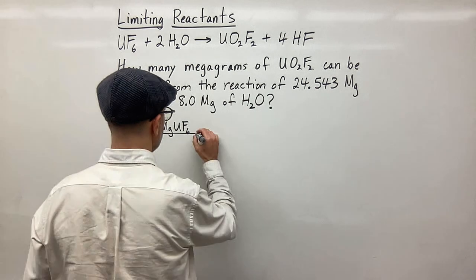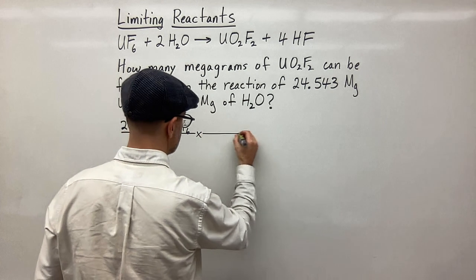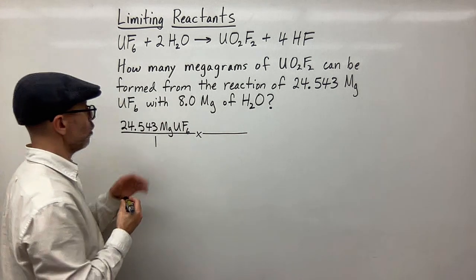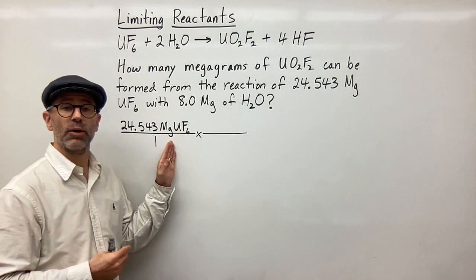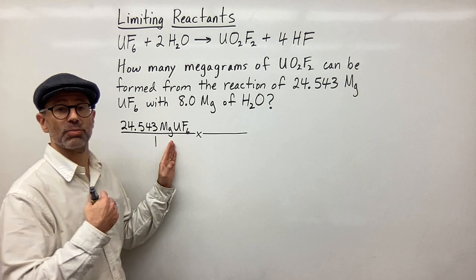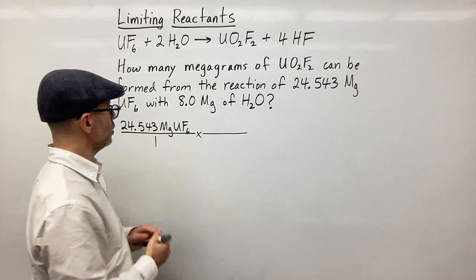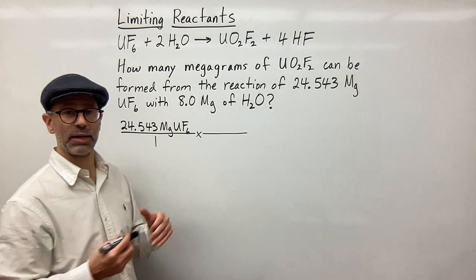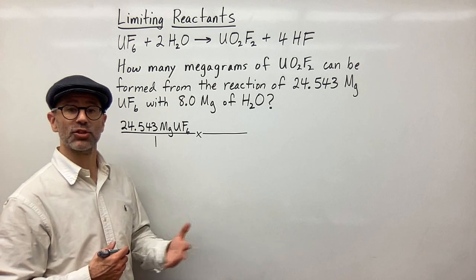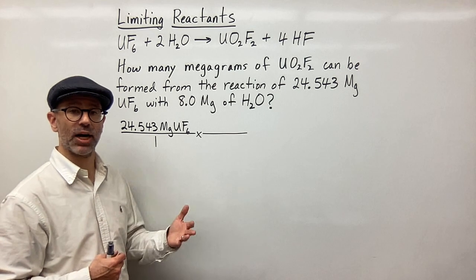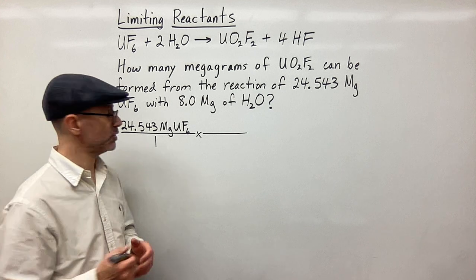Okay, so first I got megagrams. I got to convert that to grams, so that way when I get to grams, I can use the molar mass to convert to moles. So convert megagrams to grams. I know that mega is 10 to the 6 or 1 million, so I know a megagram is 1 million grams.